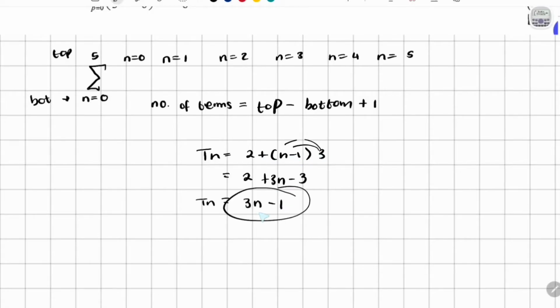But when it looks like this, you just need to know what is going on here. Remember, here, this was in the form of a plus n minus 1 times d, meaning 3 was d. As you can see, d is here. The difference is always going to be next to n. Okay, it's going to be the coefficient of n when it is put in its simplified form. So this is in the form of dn plus c. So this already tells us the value of d, first of all.